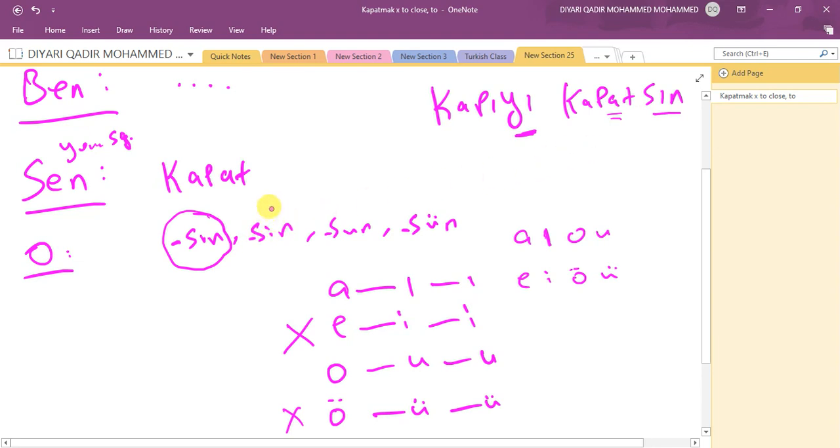That means this sın can be correct, and this sun can be correct. So it's either sun or sın. How do I know whether it's sın or sun? It's very simple. If you see here, a changes to ı, but o changes to u.